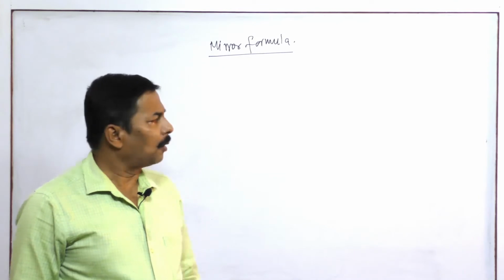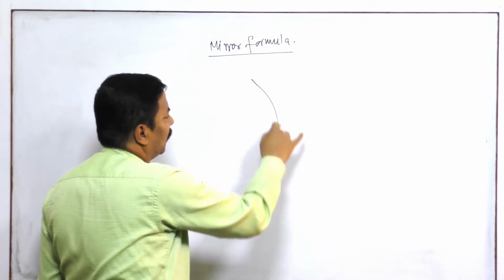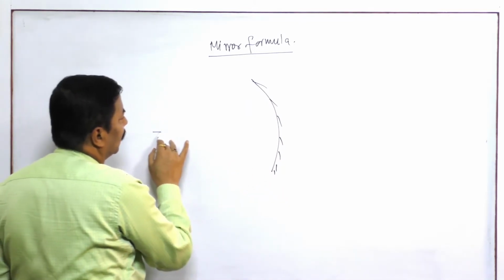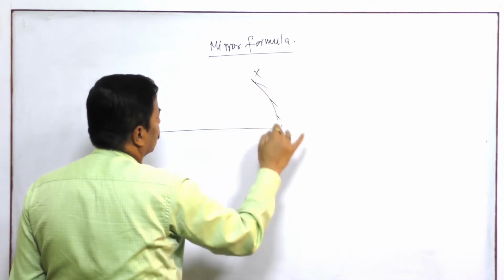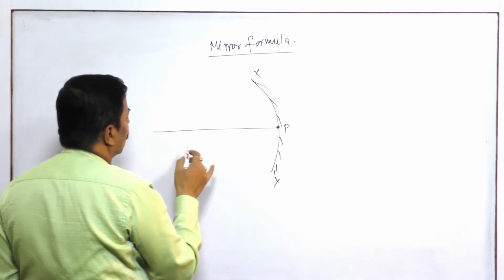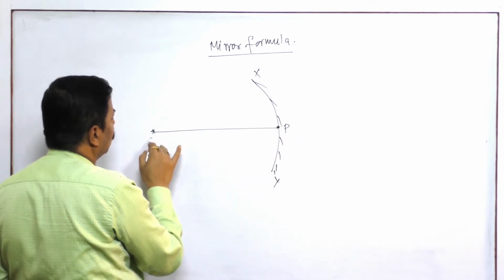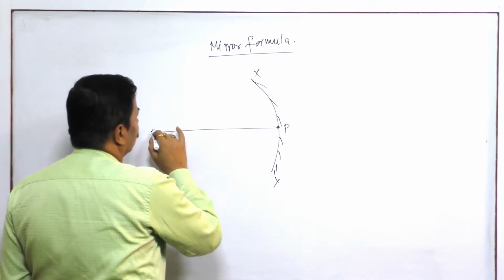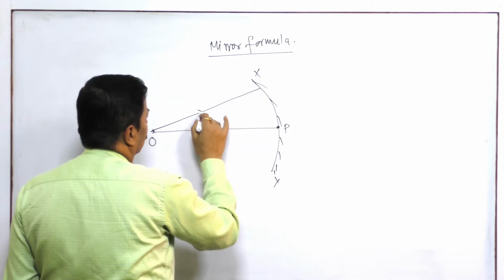For the derivation, I am taking a concave mirror, X, P, Y, where P is the pole. Here is the point object O. This is the incident ray.